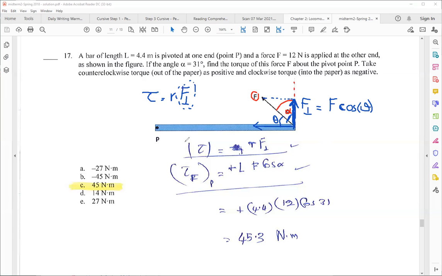Instead, you can use R or L, the length of this bar, multiplied by the magnitude of force, multiplied by cosine theta.